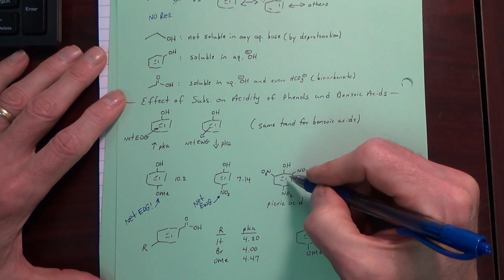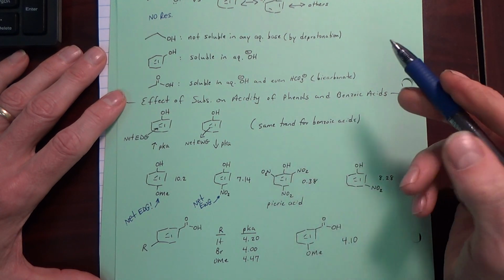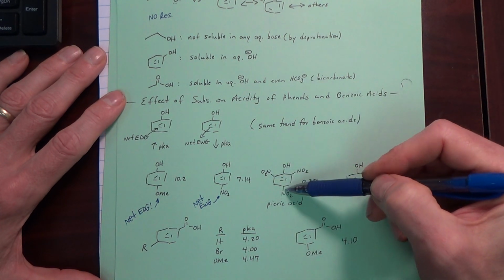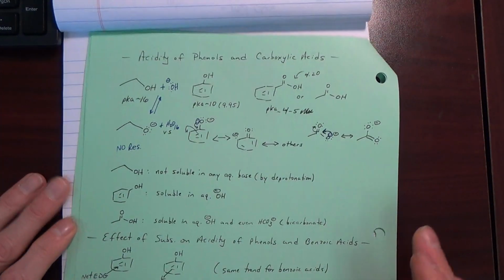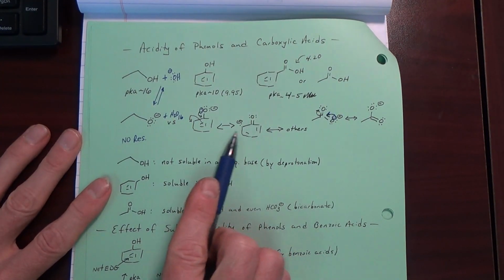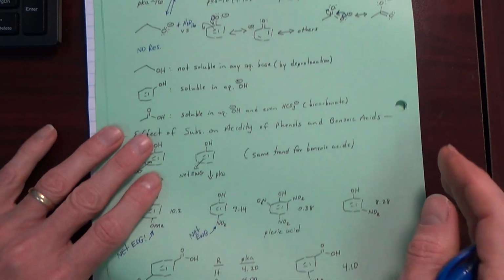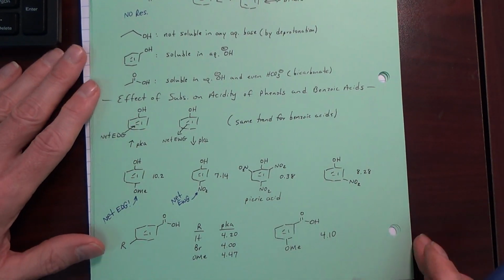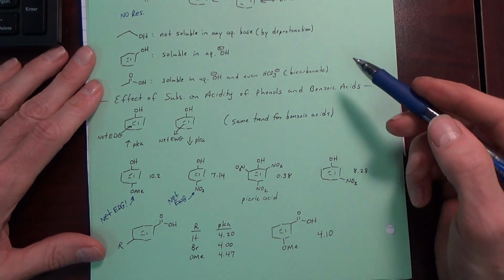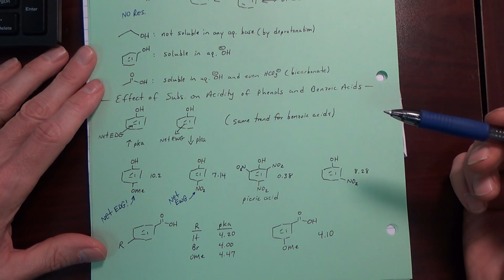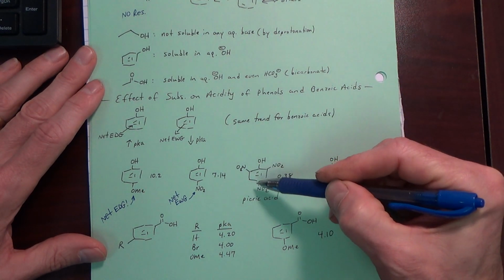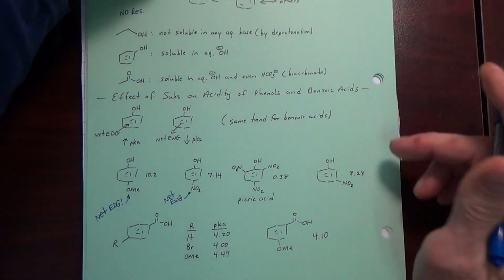That's because of the 3 strong electron withdrawing groups. We can draw resonance here of the anion not only into the ring, but also into each nitro group.